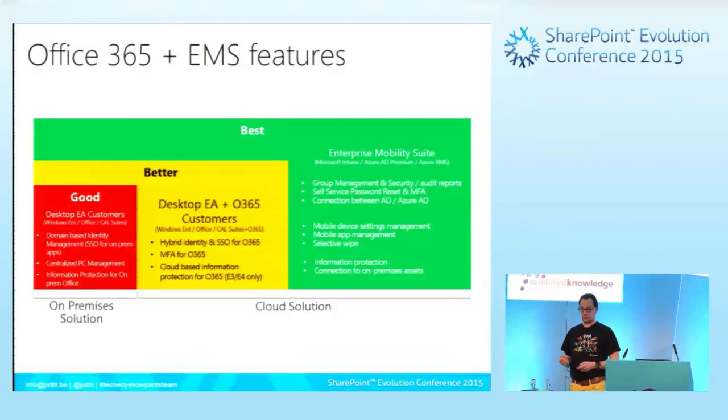If you're already using Office 365, you'll say, yeah, okay, but you've been talking for like 15 minutes already, but I'm already using Office 365. And I know that MDM, mobile device management, is since a few months part of Office 365. So what's the difference? Why should I invest a couple of euros, but I'm from Belgium, a couple of pounds, for actually taking the next step to EMS?